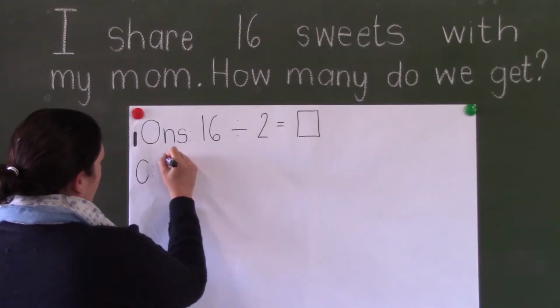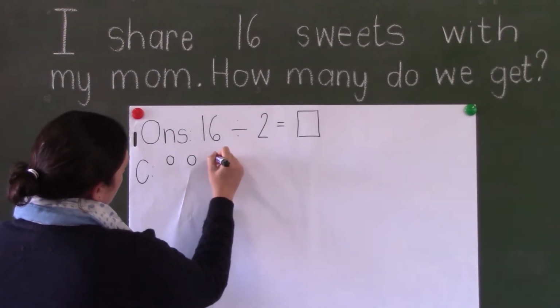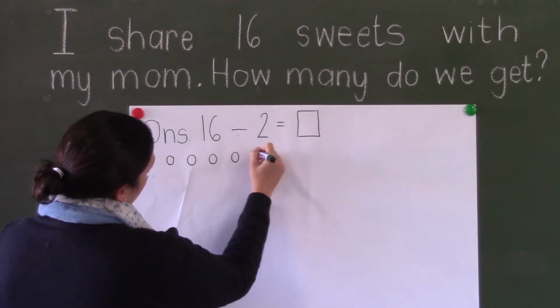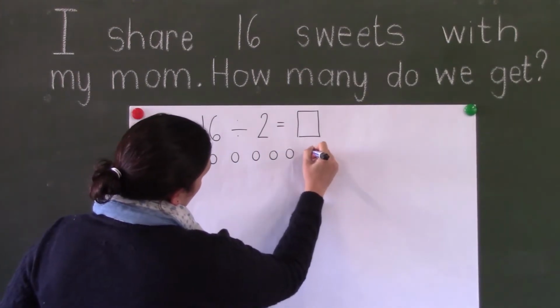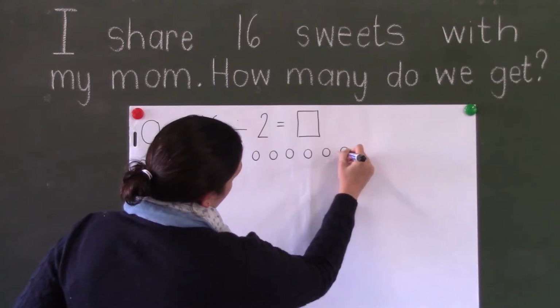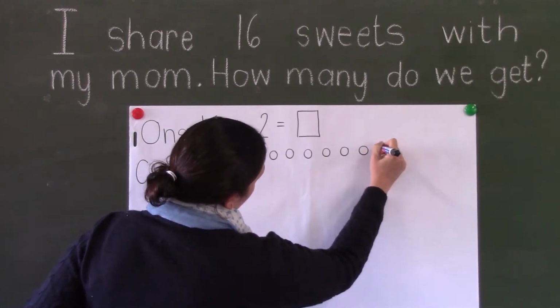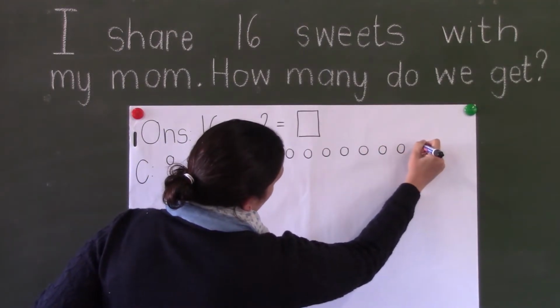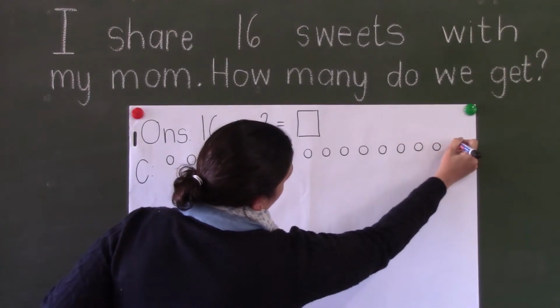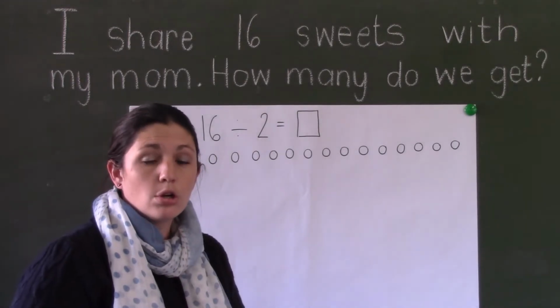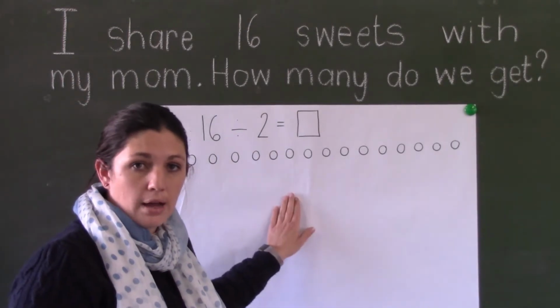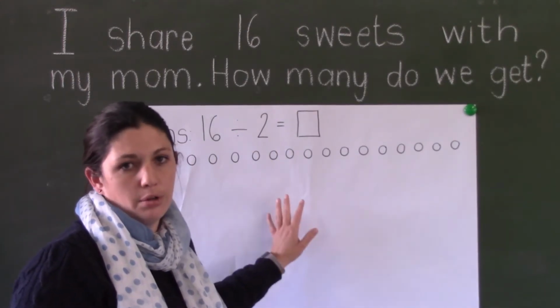Count with me. 1, 2, 3, 4, 5, 6, 7, 8, 9, 10, 11, 12, 13, 14, 15, 16. And stop there. You need to go back and you need to recount to make sure that you have got the right number.